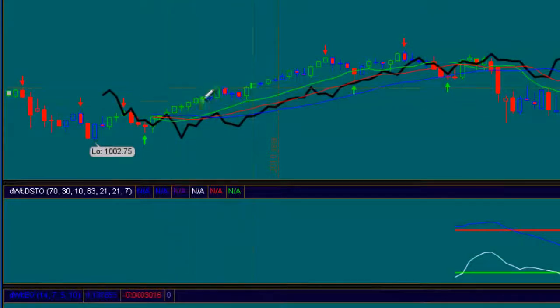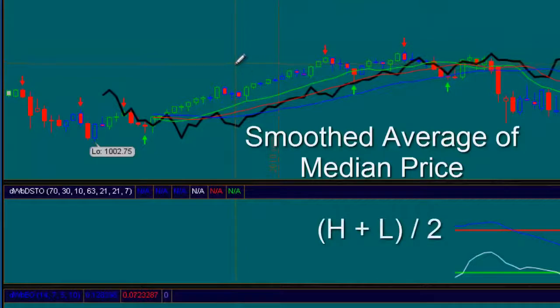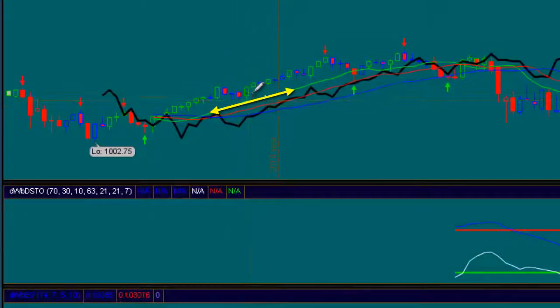Our alligator is also, I should have mentioned, displaced, not of closing prices, but a smooth average of median price. So the high and low divided by 2. And you see how perfect it is when price comes into the teeth right here, and that's where you get your bounce. And then the next time it comes right into the lips. And the strongest line, of course, is the jaw.